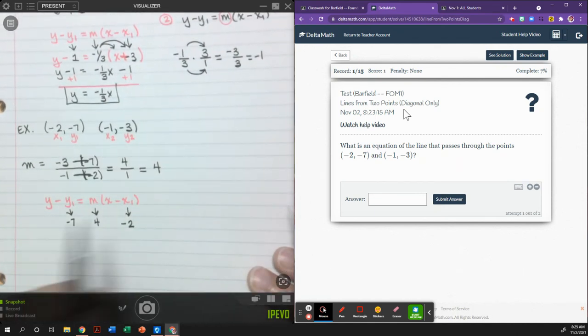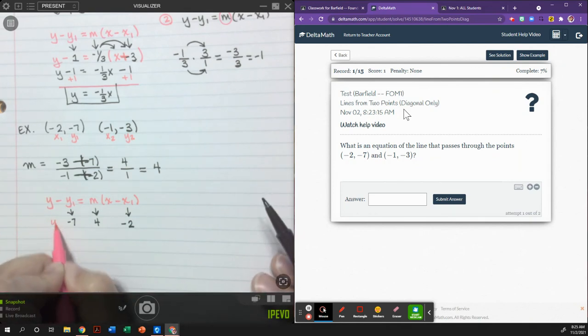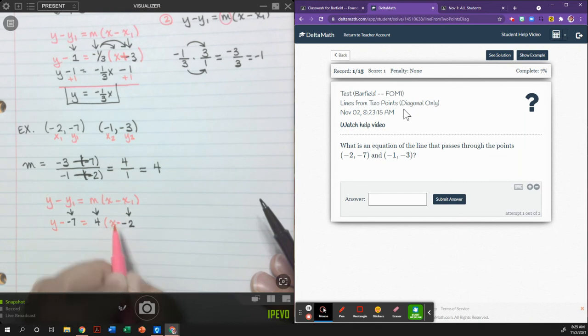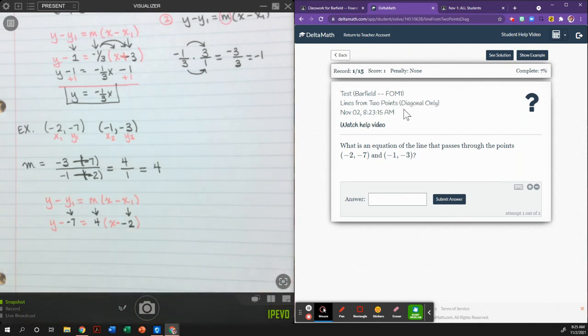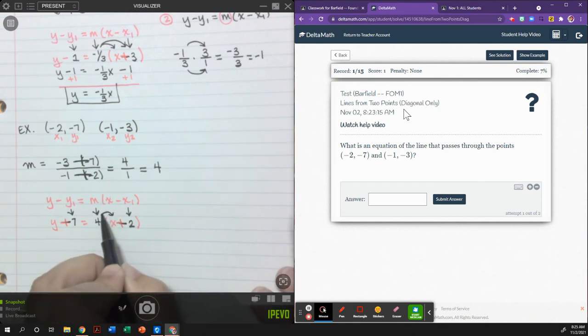And bring down the rest of the information: y minus -7 equals 4 times parentheses x minus -2. I have a negative here, so I'm going to make that a plus. I have a negative here, I'm going to make that a plus. All right, I'm going to distribute.